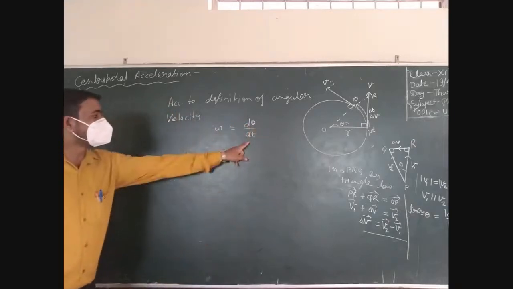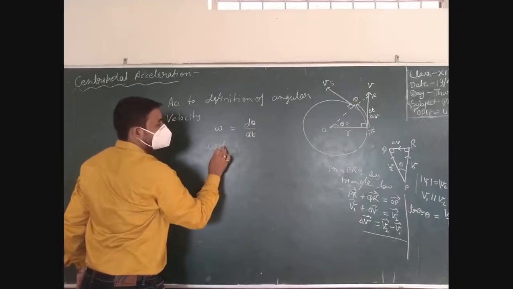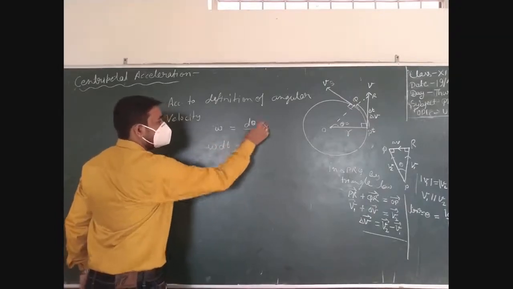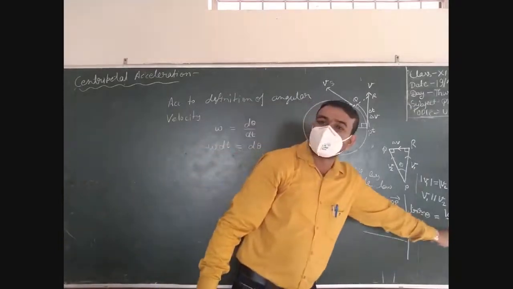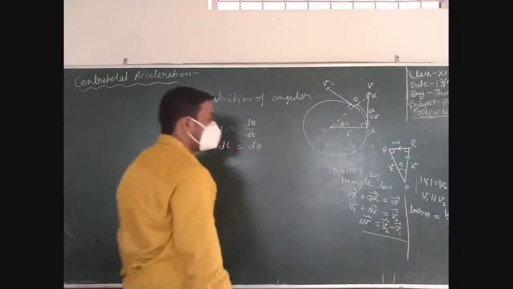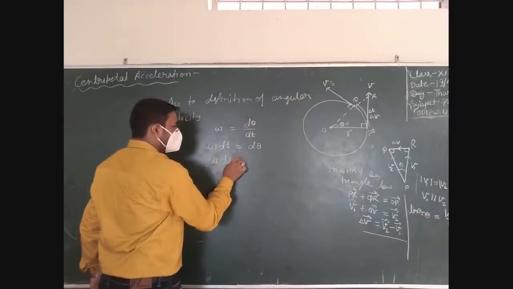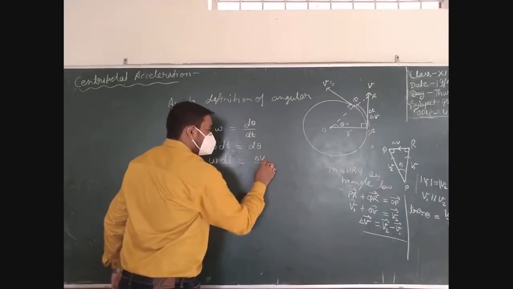So omega dt is equal to d theta, and this is equal to del v over v. So omega dt is equal to del v upon v.